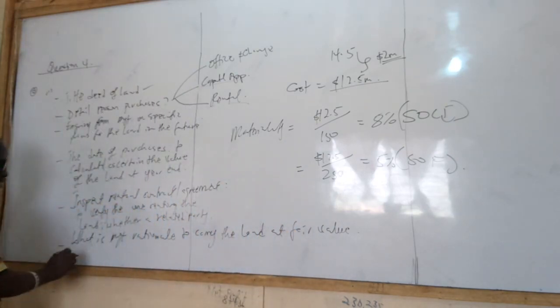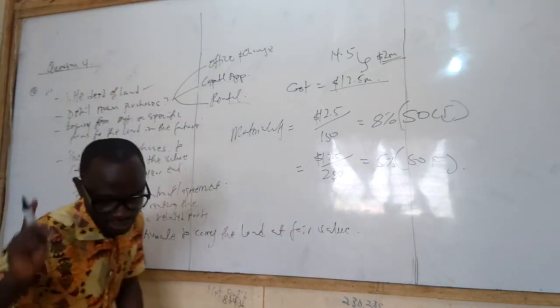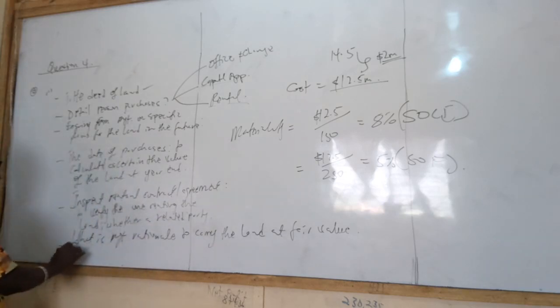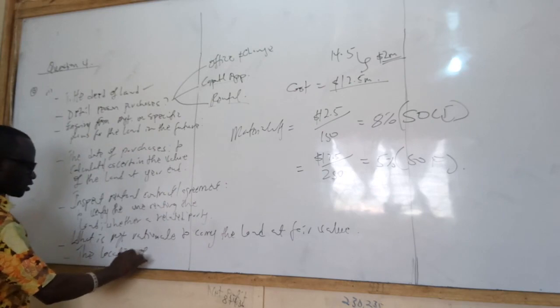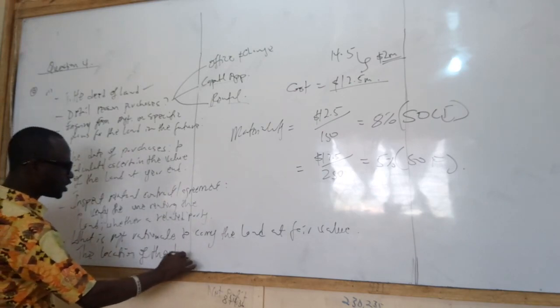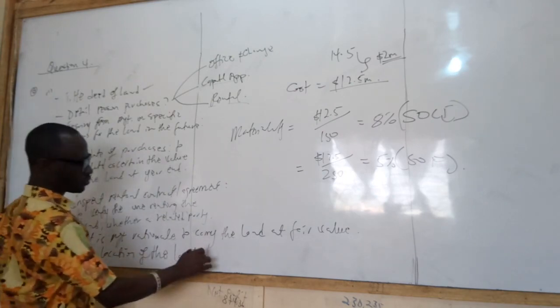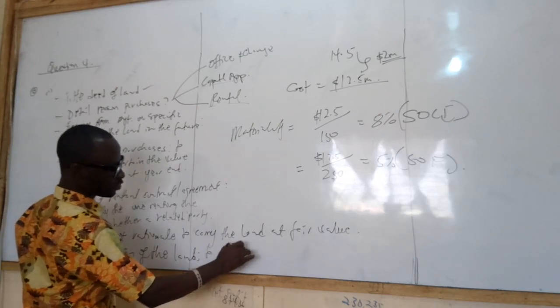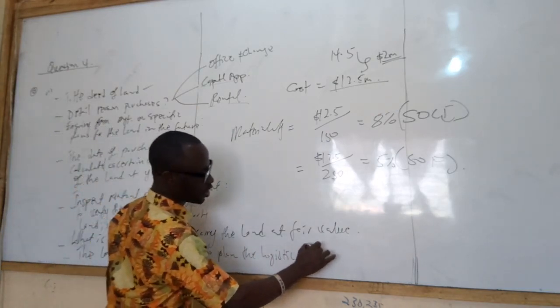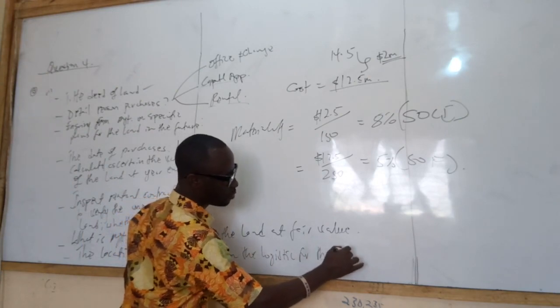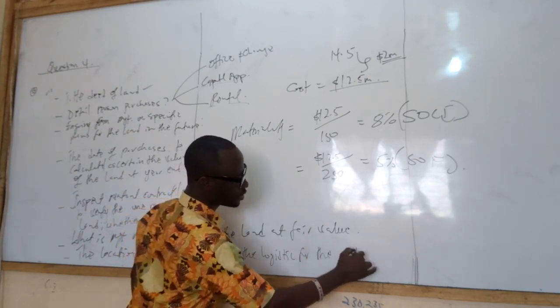Then sometimes we need to determine the location of the land. Why do you think we need to know the location of the land? To plan our logistics for the audit. You know we have to go to the land to inspect it, because it's material.